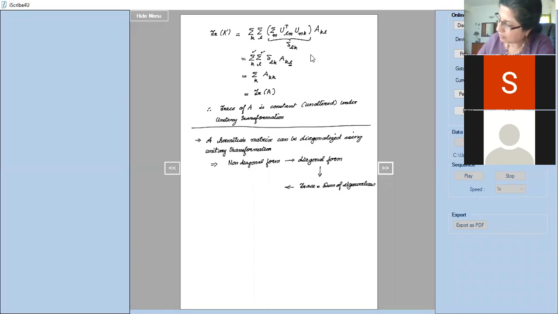And now we know trace is unchanged under unitary transformations.